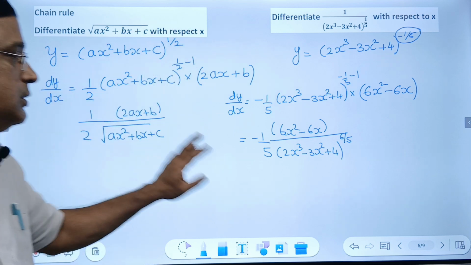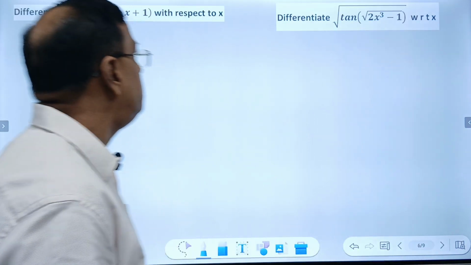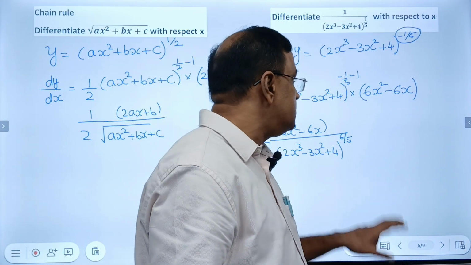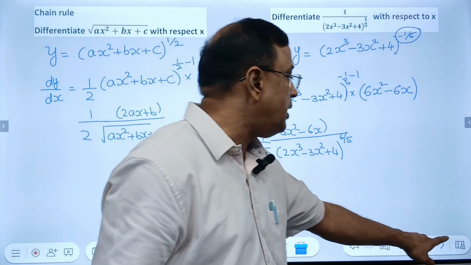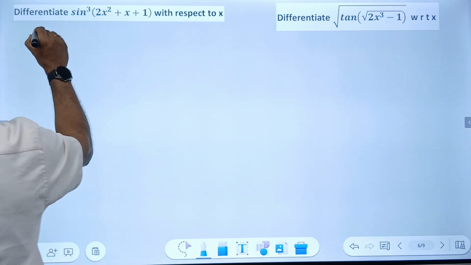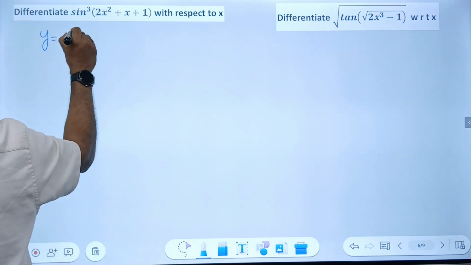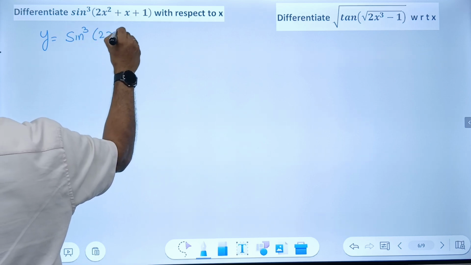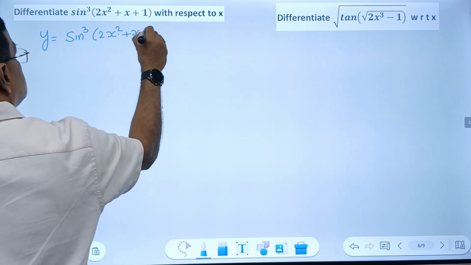Am I clear about it? Now come back to this. I am done with the algebraic functions. These are two algebraic functions again. Now I am going to involve trigonometry. So here I will write y equal to sine cube of 2x square plus x plus 1.